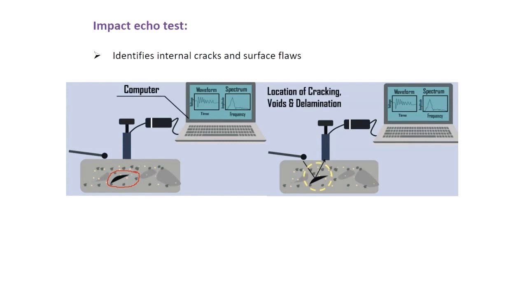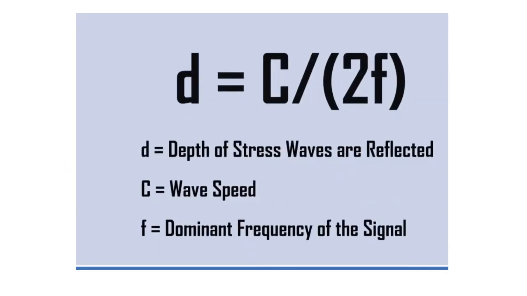But since there is a flaw here, these sound waves will try to reflect. As you can see in this figure, here is a receiver transducer which will help you understand the frequency of that reflected wave, and also the speed. Of course, you know the speed of sound.